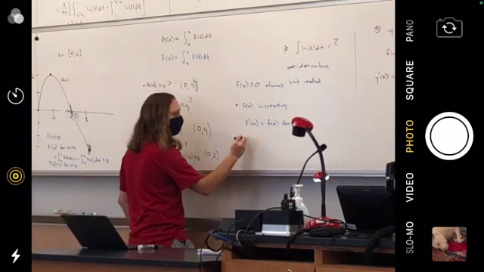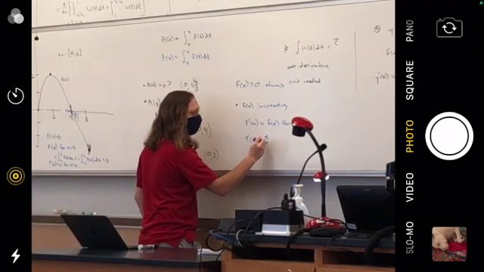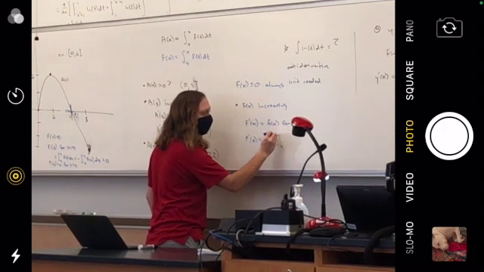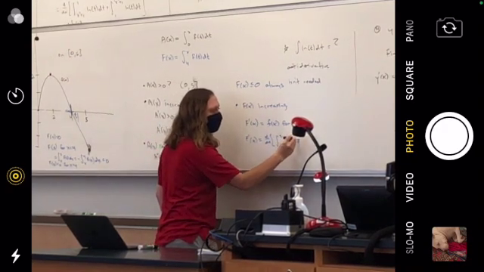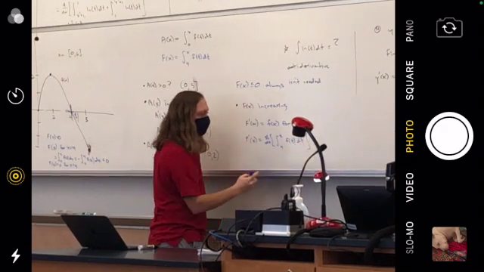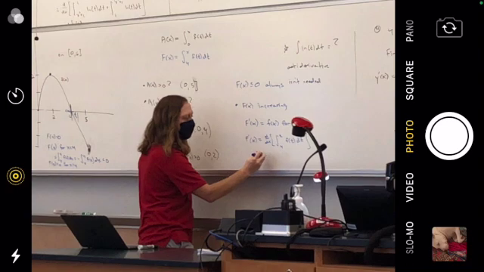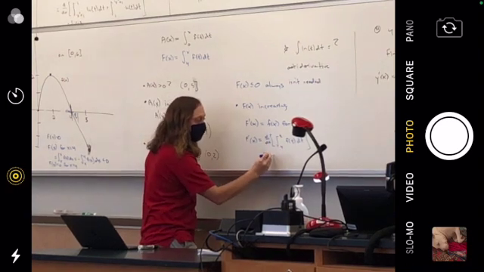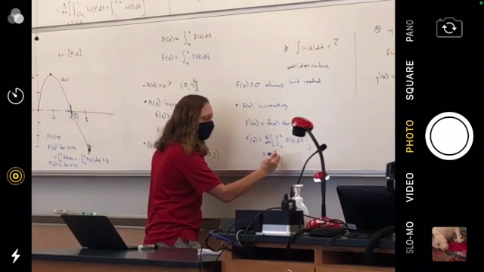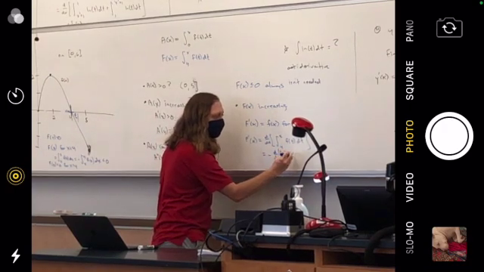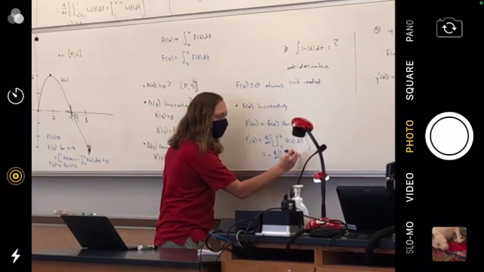So this is the integral from 4 to x. But what do we say if x is less than 4? I should really do negative the integral from x to 4 of f of t dt.